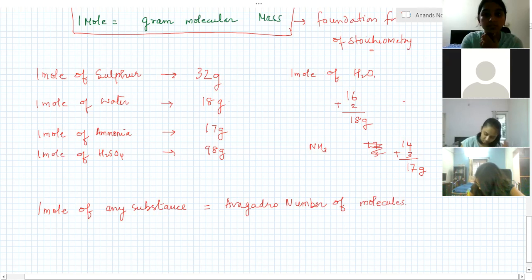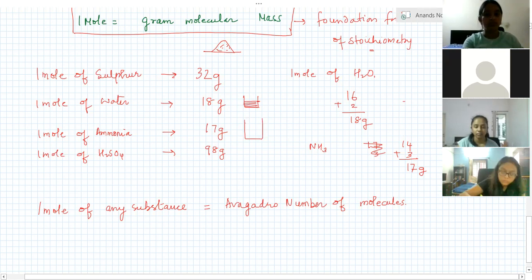That means if you take 32 grams of sulfur, it is a small heap like this. You take 1 mole of water, 18 grams, will be so much. Ammonia, 17 grams. Ammonia is a gas at room temperature, it has some volume. 1 mole of H2SO4, if you put it in water, it is a liquid at room temperature.